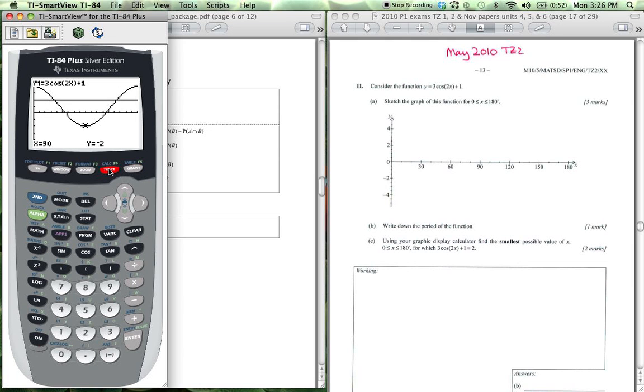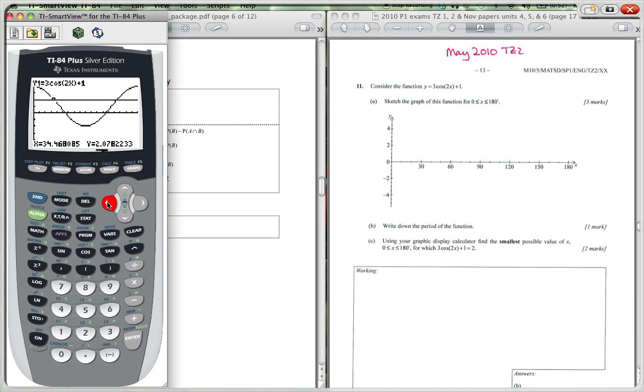And then we're going to trace it. I need to go this way, all the way to the intersection. I've got there, I'm pretty close.